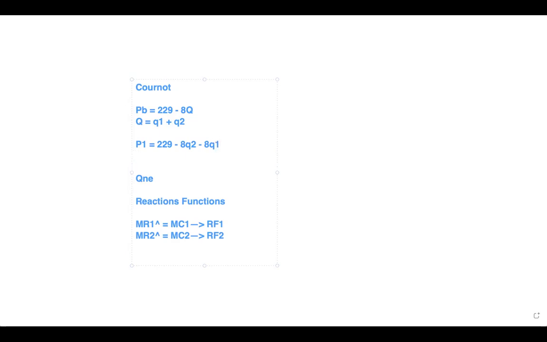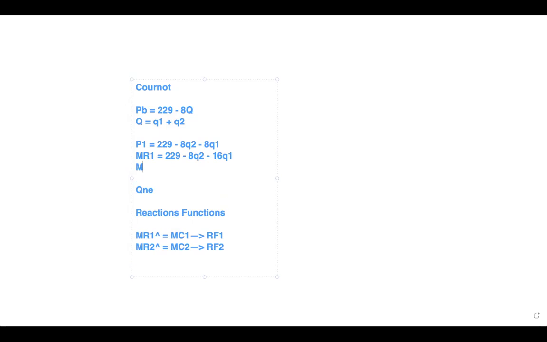And then if I want to get the marginal revenue, I'm going to do 229 minus 8Q2 minus 16Q1. So that's what you did, right, Mike? Yeah. Okay.